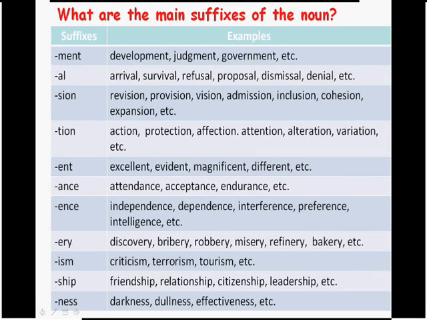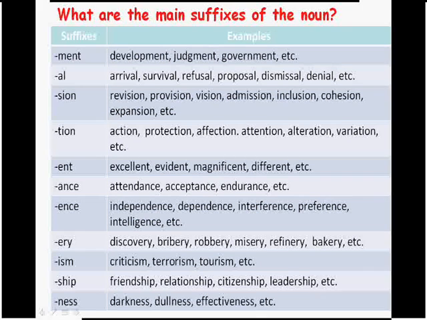Another suffix is ent, and of course the examples we have are excellent, evident, magnificent, and different. Okay, so the ending is ent, and this means that I am talking about a noun.